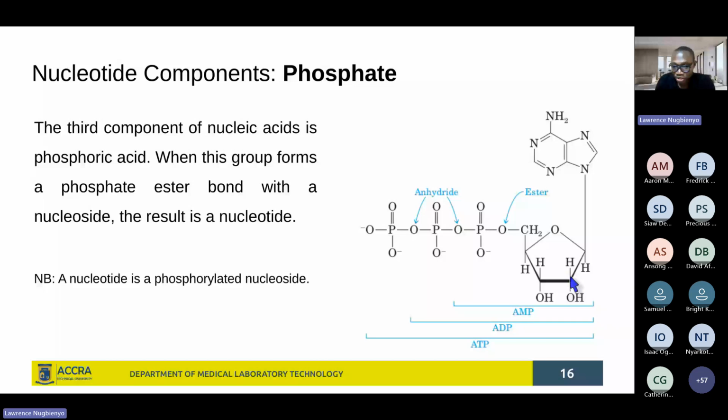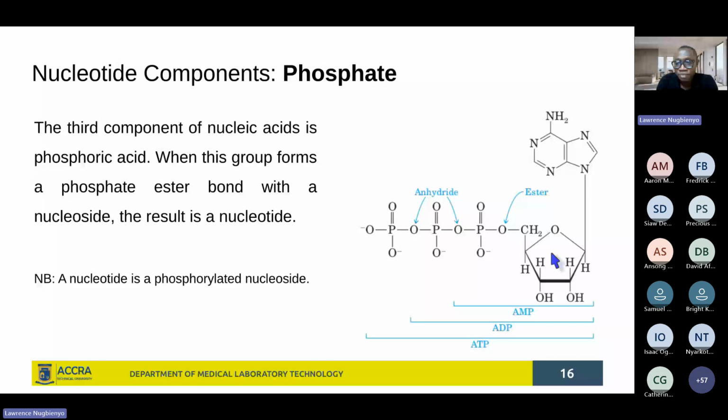This is just to show that you can have a diphosphate, a triphosphate, and that ATP, adenosine triphosphate, adenosine diphosphate, are forms of cellular energy involved in several reactions in the body. But what you find in nucleic acid is monophosphate.